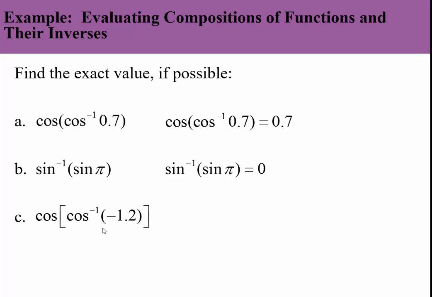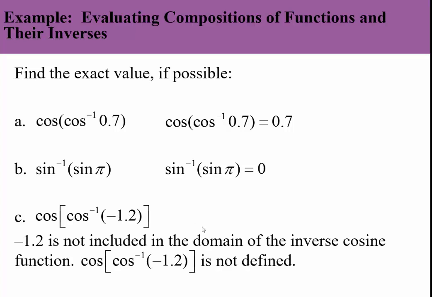But watch out for this one. Something smells fishy here, because if they ask you for the inverse cosine of some negative value, -1.2, -1.2 is not in the domain of the inverse cosine and is not defined. So if you try this one on your calculator, it is not going to be happy.